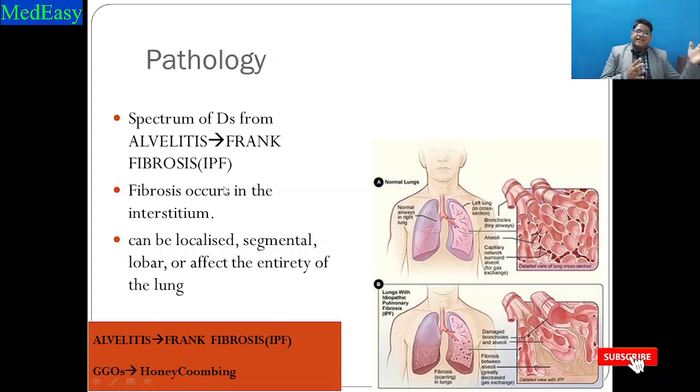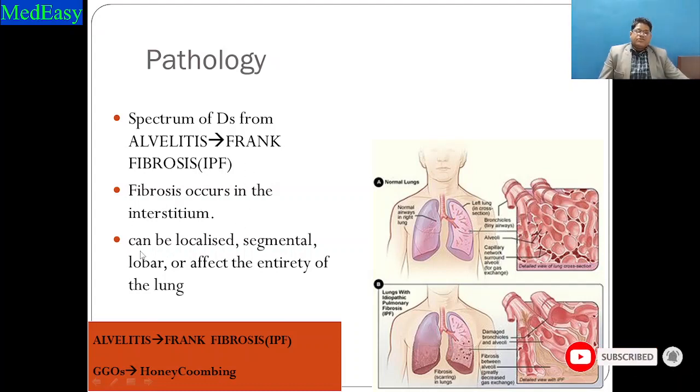On the other end of the spectrum, there will be a completely scarred, completely fibrotic lung, that we call idiopathic pulmonary fibrosis, classically and previously the typical ILD. Fibrosis occurs in the interstitium, and this is frank fibrosis. It sometimes takes years or even months to develop.